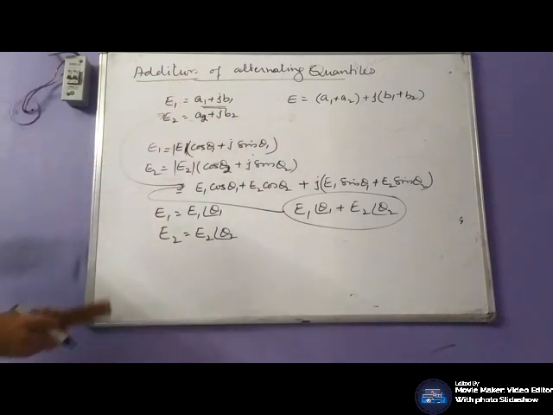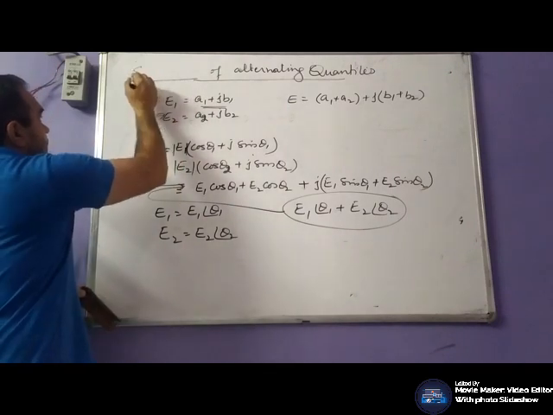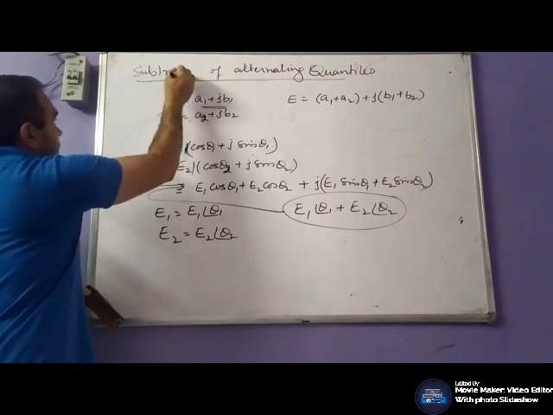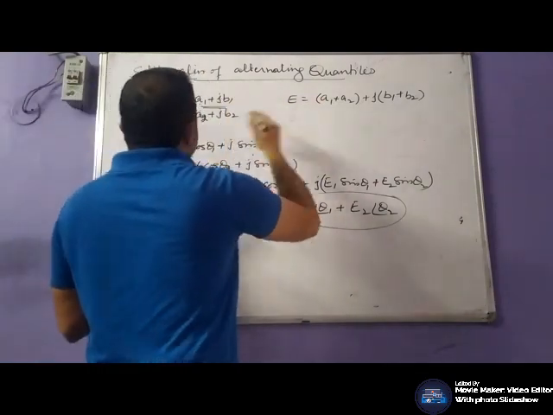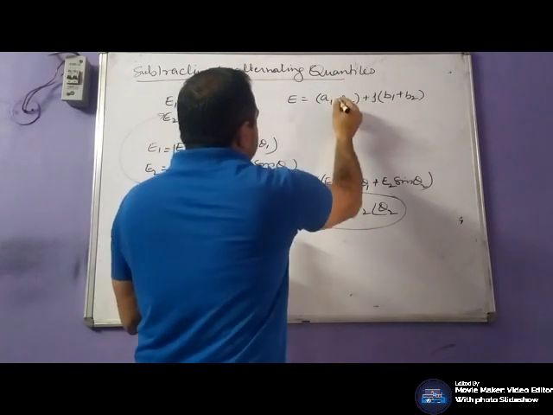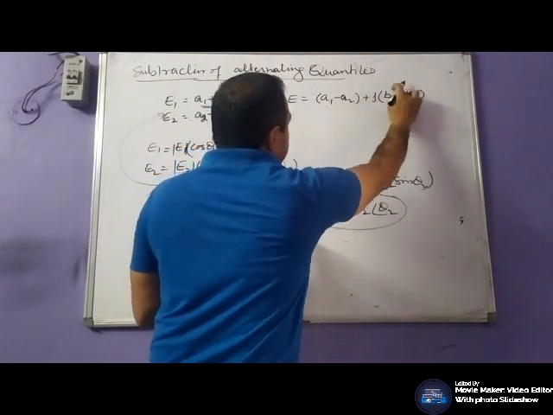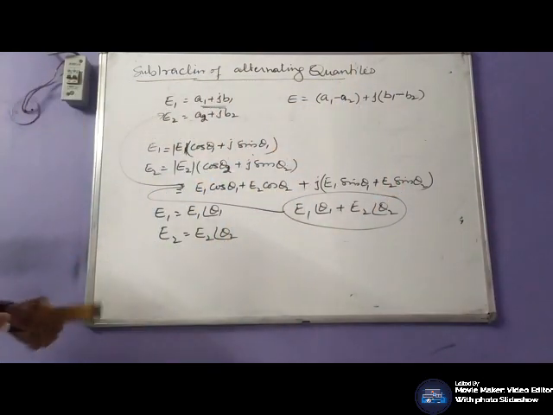Likewise, for subtraction, it is simple to subtract these two alternating quantities: A1 minus A2 and B1 minus B2.